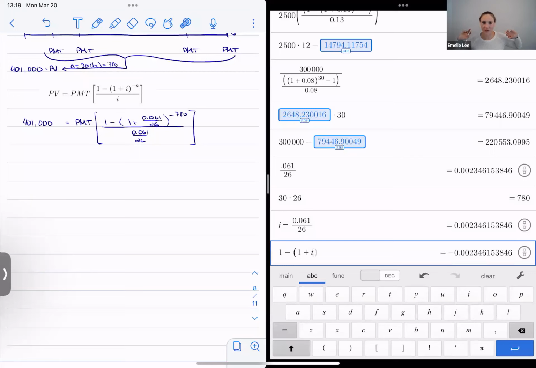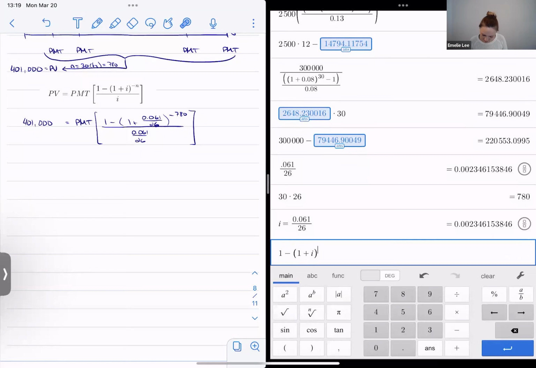It just kind of took over. All right, I think it's happy now.